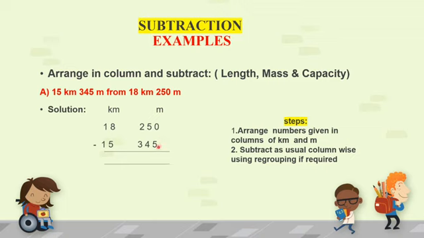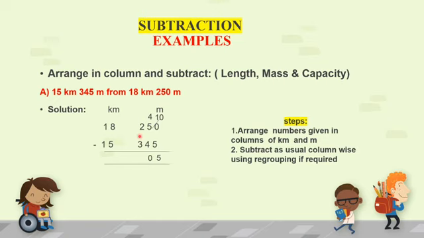Since we cannot subtract 5 from 0, we'll borrow 1 from the next neighboring number, and then we'll make 0 as 10. Now we can subtract 5. So 10 minus 5 is 5. And since we borrowed 1 from 5, what number will remain over here? 4. 4 minus 4 is 0.